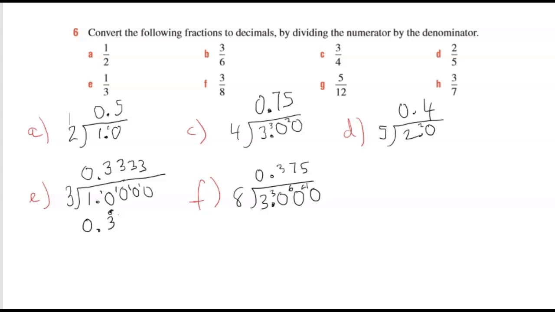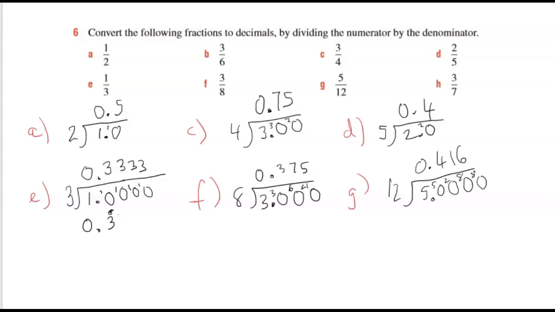And then you can do G and H. Might just do it because we can. Okay, so we've got 12 going into 5. Okay, so 12 doesn't go into 5, so I'm going to put 0. 12 goes into 50 4 times. 2 remaining. Goes into 20 once with 8 remaining. 12 goes into 80 6 times with 8 remaining.